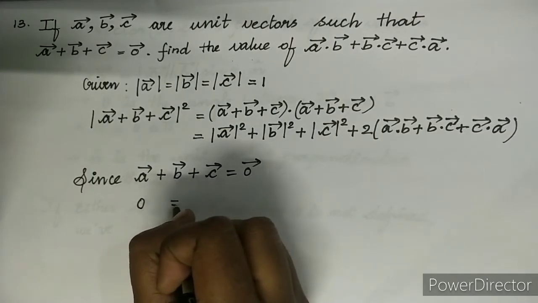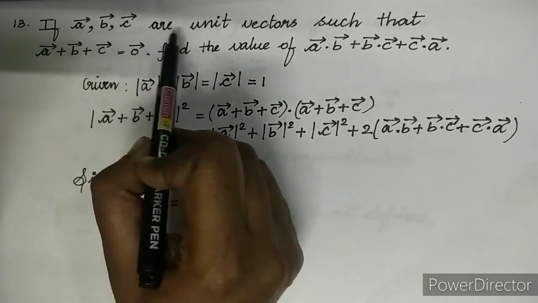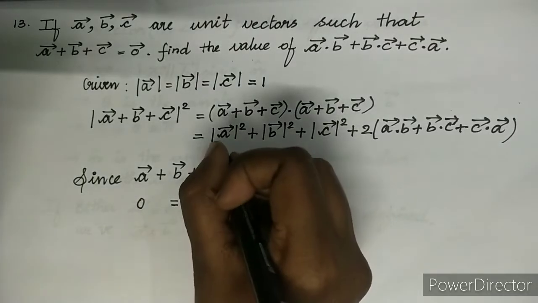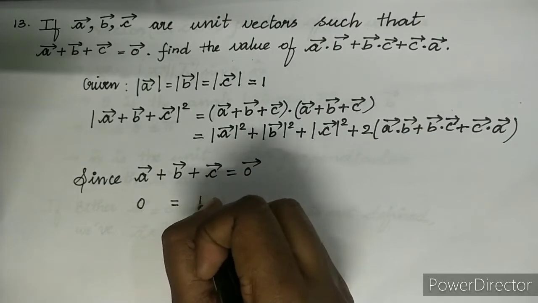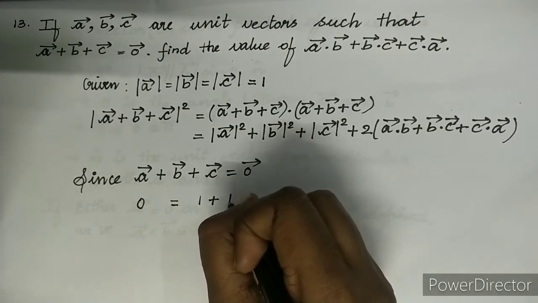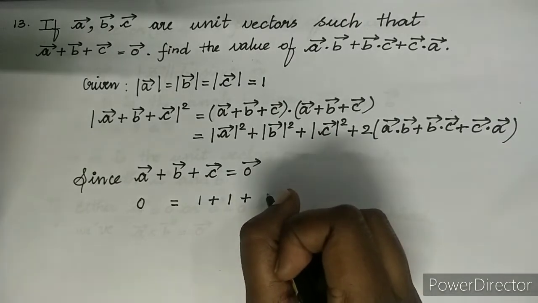So this is equal to, we already know all the three vectors are unit vectors, so the magnitude will be 1. So the magnitude of A vector square is 1, 1 square is 1. Again the magnitude of B vector square is 1 square, which is 1. The magnitude of C vector square is 1 square.